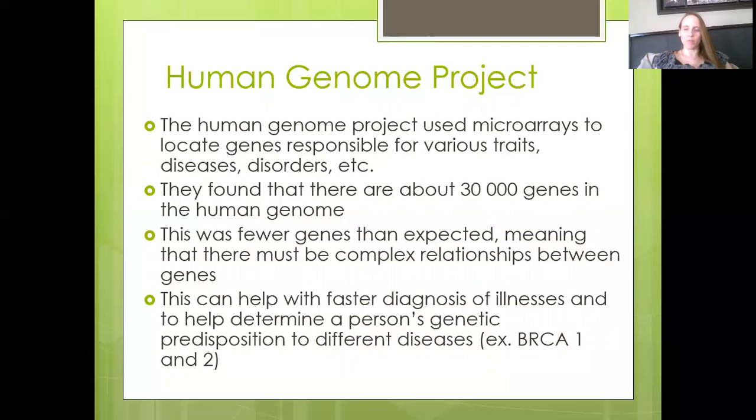There's also a hope in the future that we can use something called pharmacogenomics, which is the idea that we can figure out what medications will work best for a person based on their genetics. Because there's a lot of different disorders that have a variety of treatments, and some of them work for some people and some of them don't.